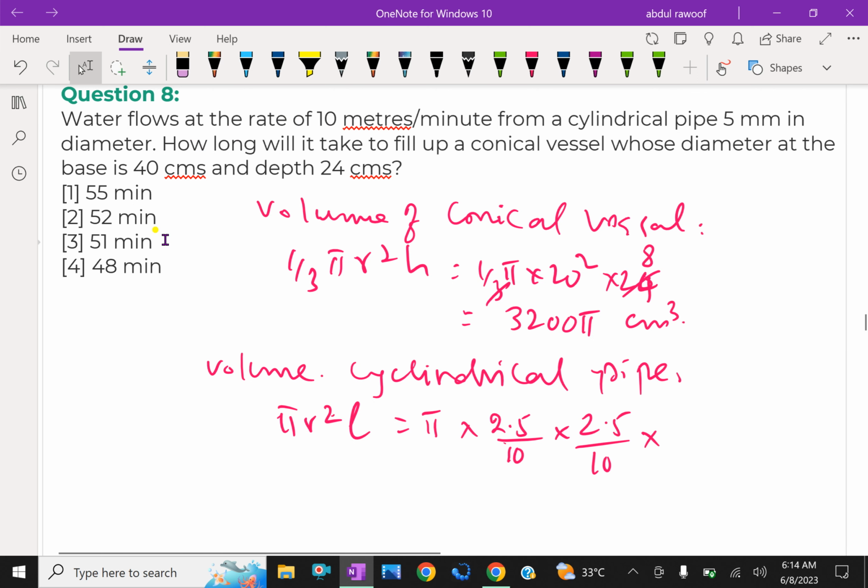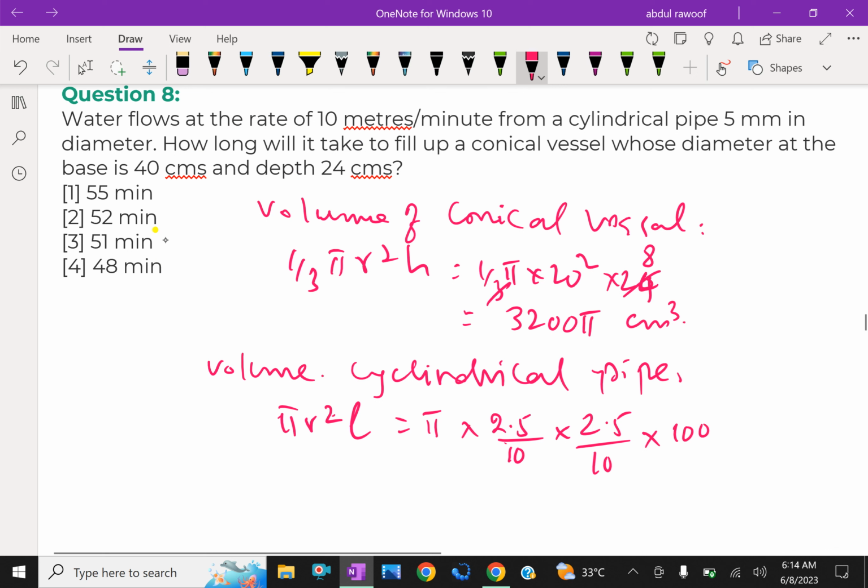This 10 meter is 1000 centimeter. Now, dividing the first one by the second one, we will get the result.